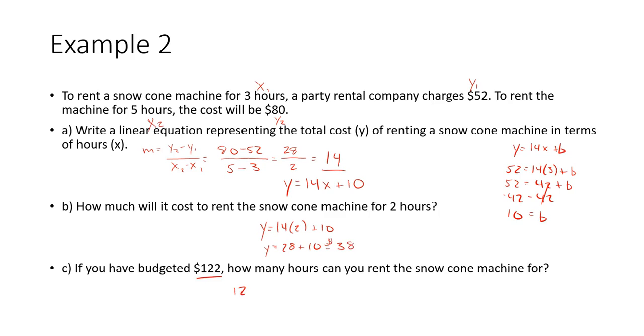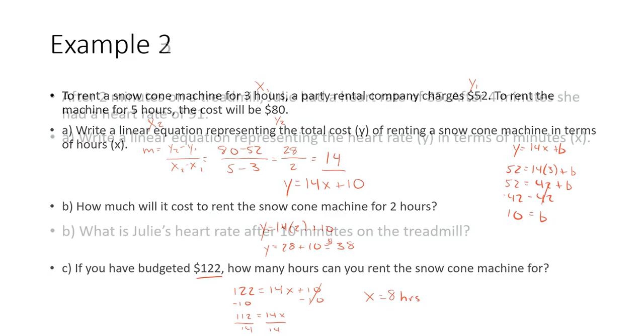Well, again, we're going to let y be 122. And we want to find x. So we'll subtract 10 from both sides. And then divide by 14. And we can rent the snow cone machine for 8 hours.